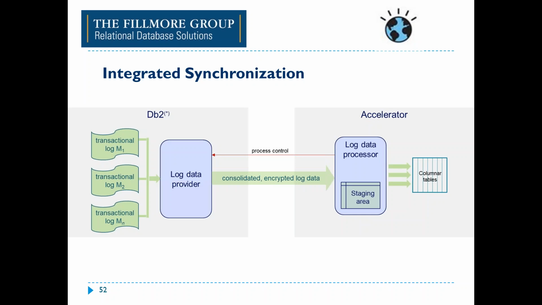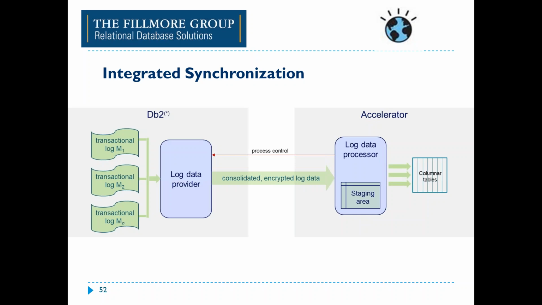Then ICDC sees the commit and ships them all down at once to the target, and all those have to be reapplied, so that you may be behind between your database and the IDAA for as long as it took to apply all those changes. So if I have a batch job that runs for an hour, I may be an hour behind in terms of updating my IDAA because it had to wait for that commit.